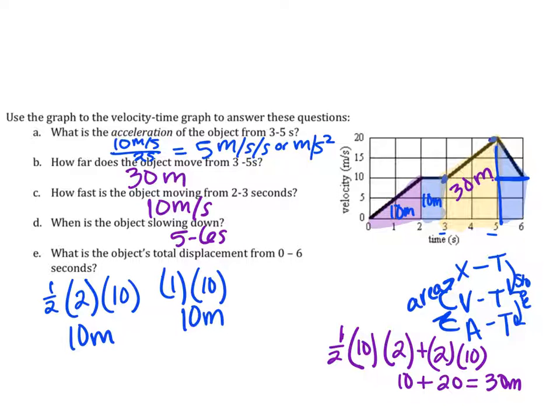The box is the same size as the one we just did, so 10 meters there. The triangle above it is 1/2 times 1 second times a height of 10, so it's technically just half of the box below it, just 5 meters. Now add up 10 plus 10 plus 30 plus 10 plus 5, which is 65 total. So your answer for E is 65 meters.